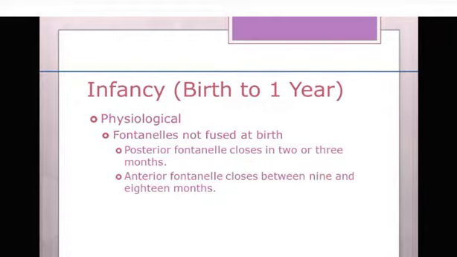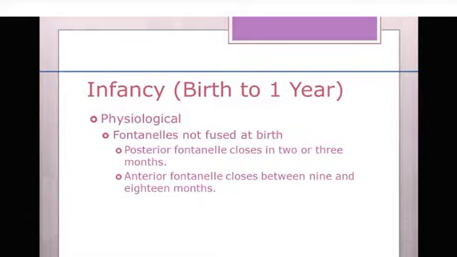If those fontanelles are bulging out above the skull, then that child has got increased pressure in the brain, and that should be of concern to us. So oftentimes you can actually see a pulse in those fontanelles if they're bulging a little bit. So we just need to make sure that we handle those very gently.